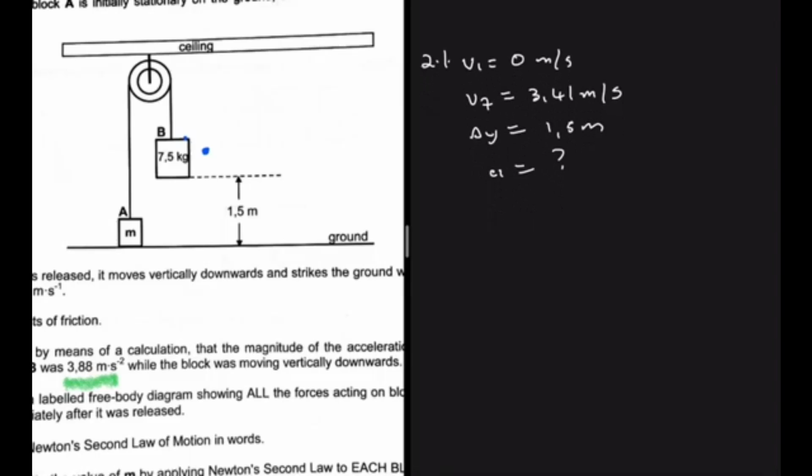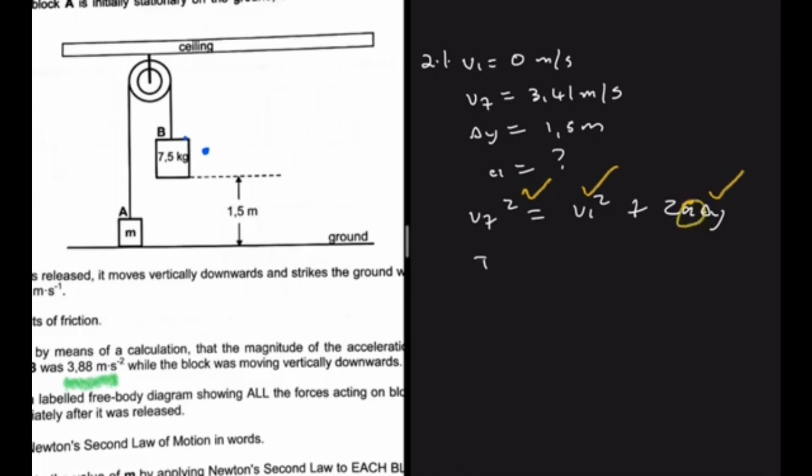So based on vertical projectile motion, you can see what we have to use here: VF squared equals VI squared plus 2a delta y. We have VF squared, we have VI, we have delta y, so we can use this formula for sure, because we're looking for the acceleration.